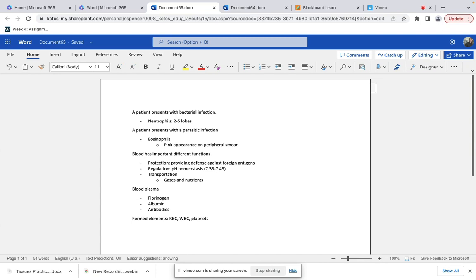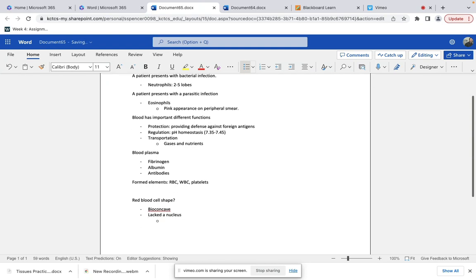Do you guys remember the characteristics of the red blood cell in terms of its shape? Red blood cell shape, biconcave. What did I say was unique about it? It lacked a nucleus, right? You remember at which stage it actually begins lacking a nucleus? It's important. Reticulocyte, right?